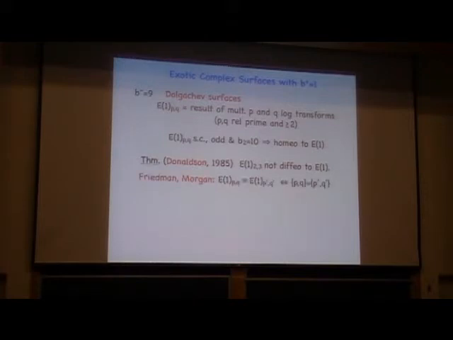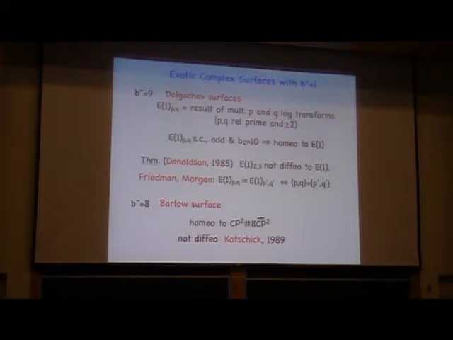And then afterwards, Bob Friedman and John Morgan proved that these Dolgachev surfaces were classified up to diffeomorphism by the pair of multiplicities of the log transforms that you use to construct them. And so these first examples were examples where B minus equals 9. In other words, CP2 connected sum 9 CP2 bars. So the negative part of the intersection form is of rank 9.